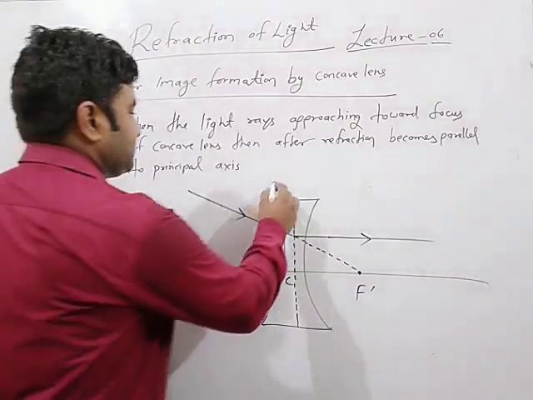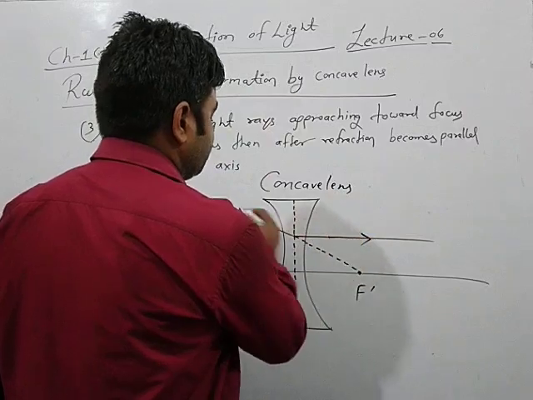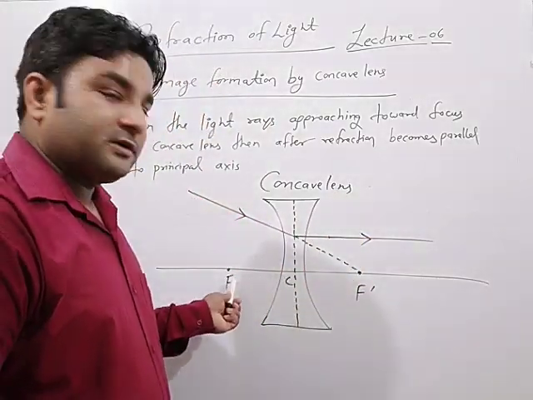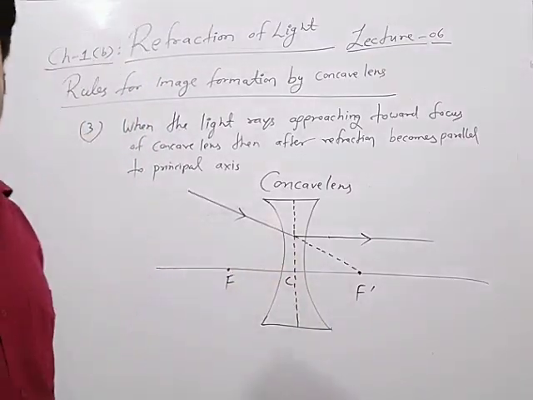This is concave lens, and this one is the incident ray, this one is the refracted ray, and here is optical center. This is first focus, and this one is second focus. Just draw the diagram, very easy.